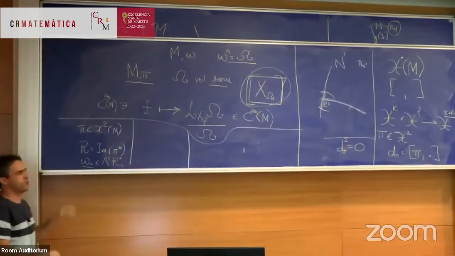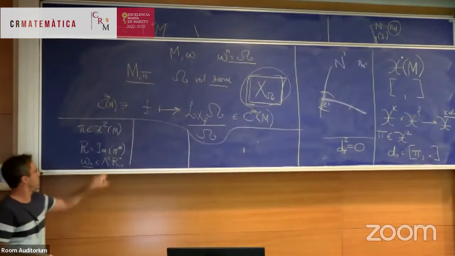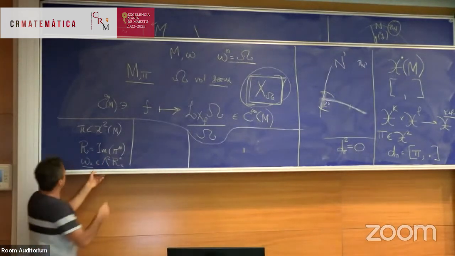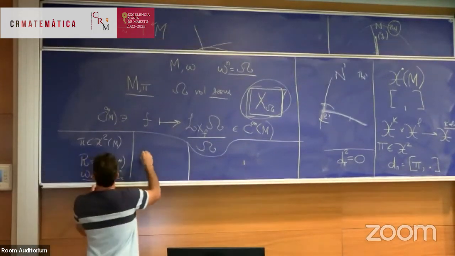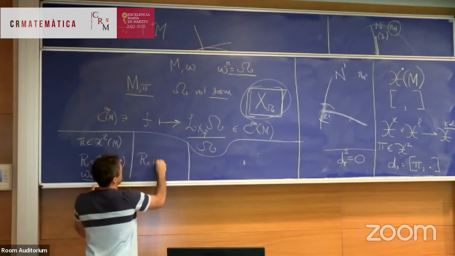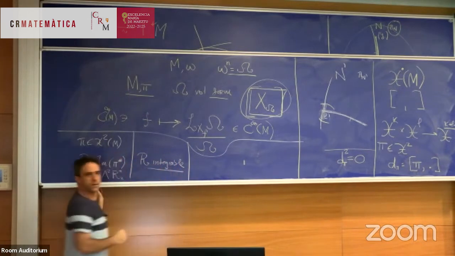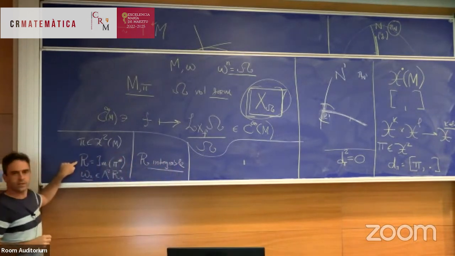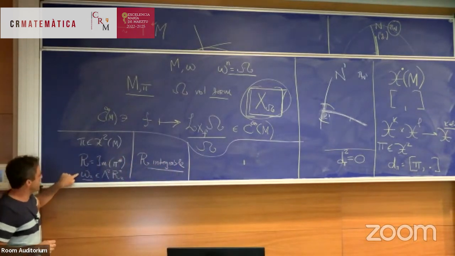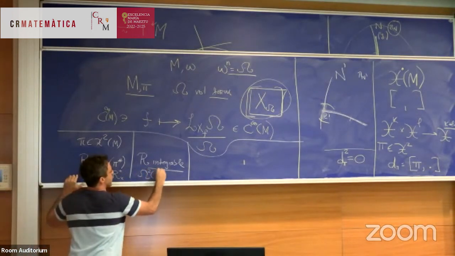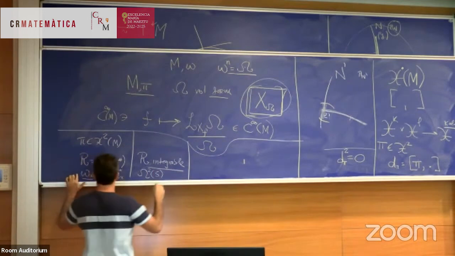And then you have a second thing, which is that this image is integrable. Okay, so you have leaves tangent to this. And then what you can show is that this form will give you an almost symplectic structure on each leaf.